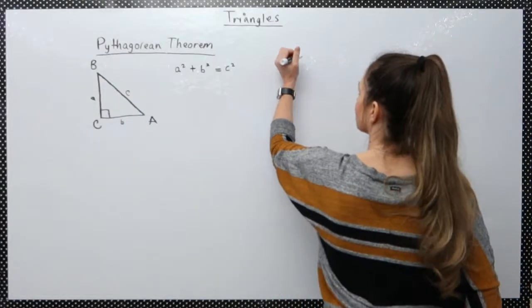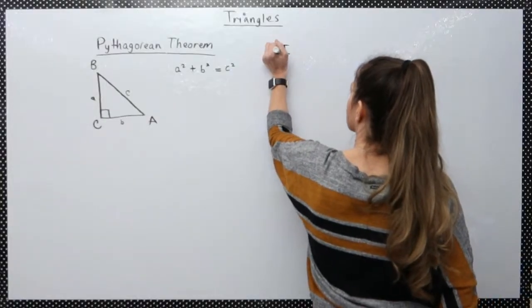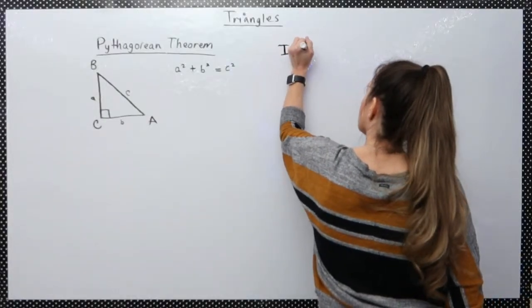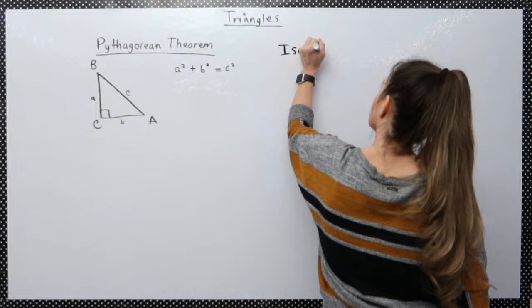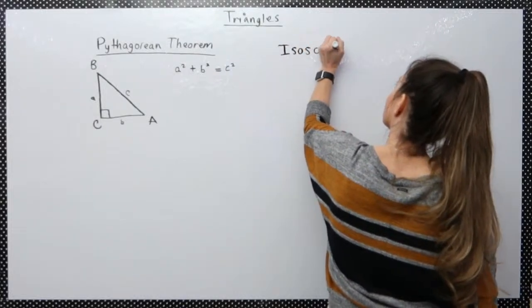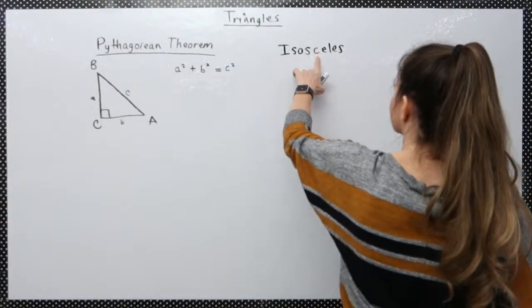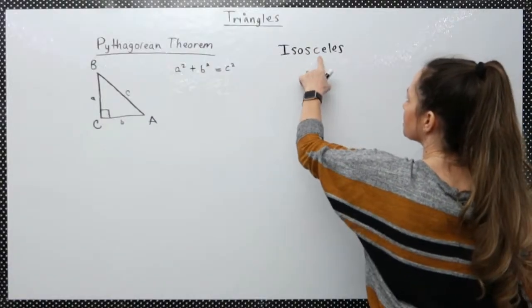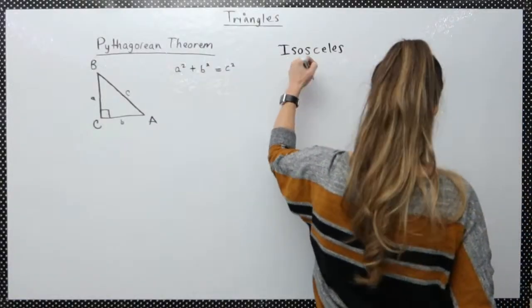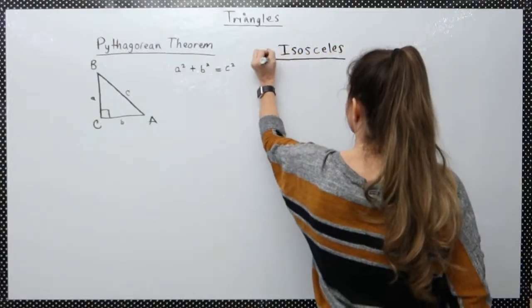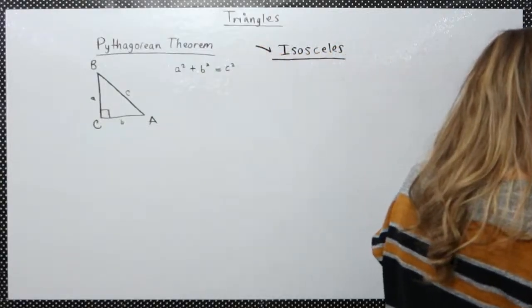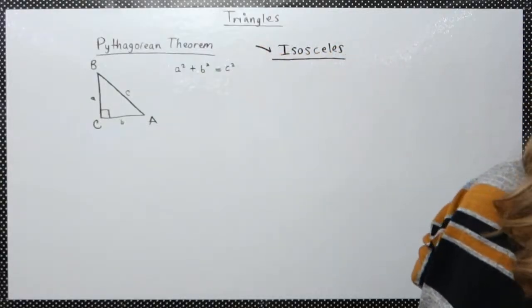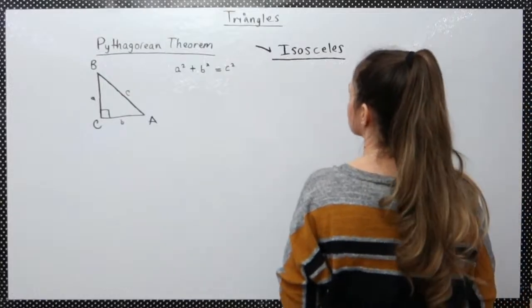I left out the C yesterday, and then today when I was trying to respell it, I put the C up here in the front. So isosceles, he's worthy of me spelling his name correctly.